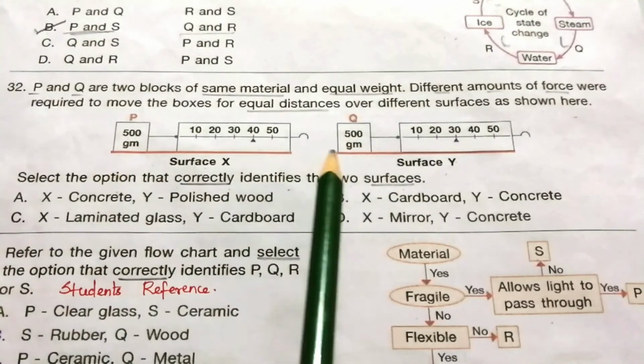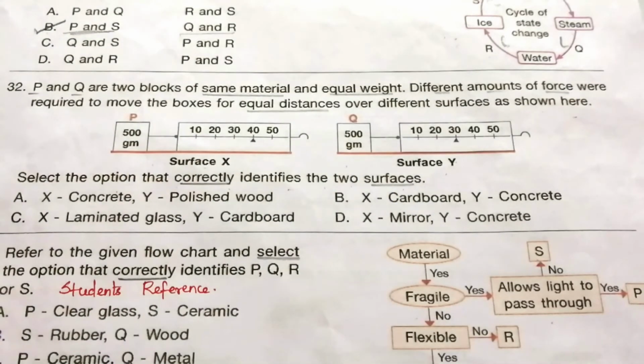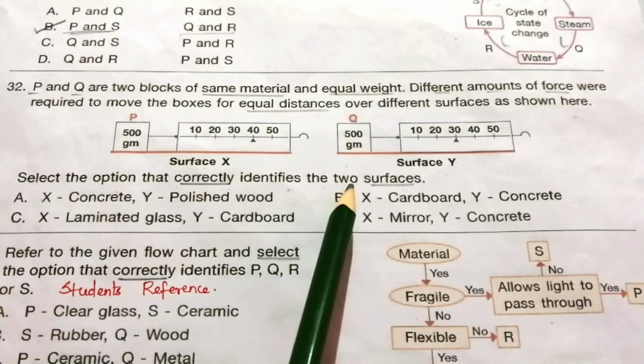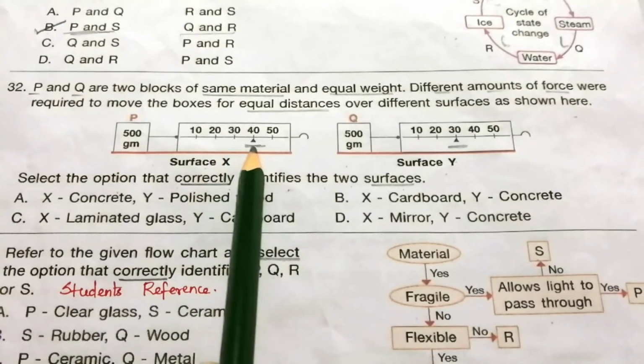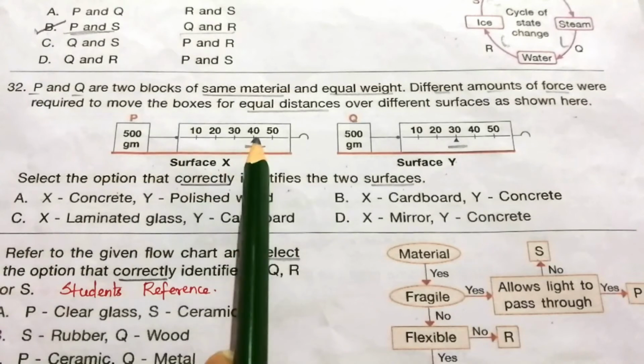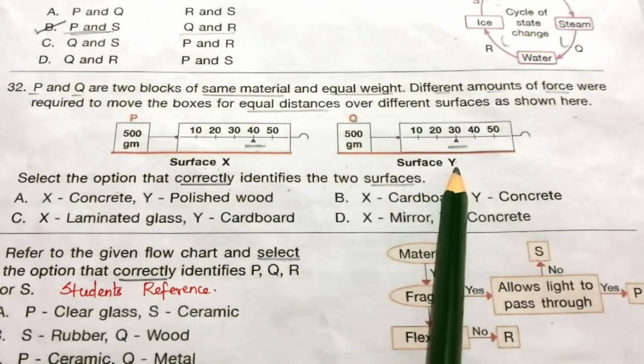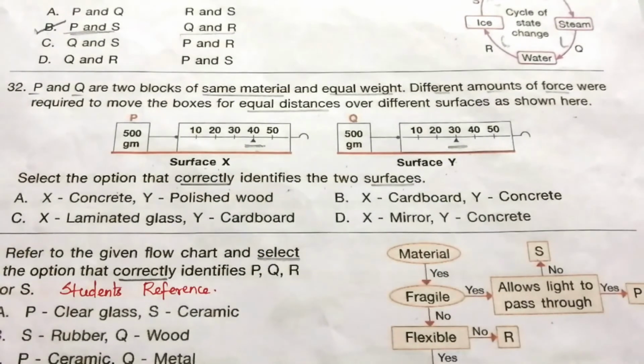You look at the given pictures carefully and read the given 4 options, then try to find out the answer. And here our question is to identify the two surfaces. Okay. And here the force given by surface X is 40 and the force given by surface Y is 30.